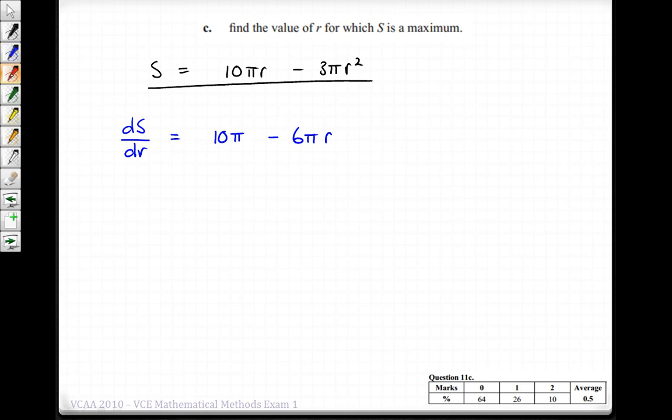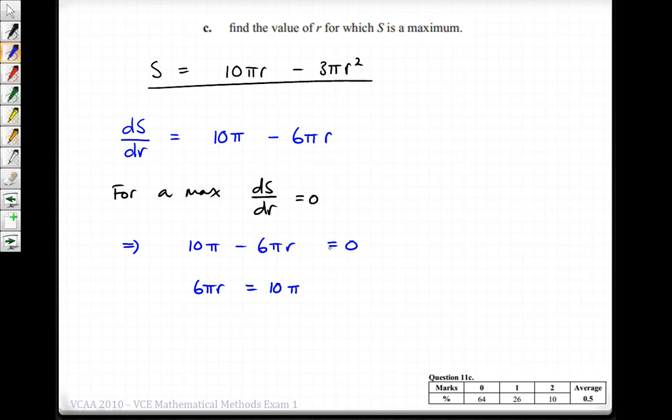So for a maximum, we're going to look for ds dr to equal 0. That implies we want 10 pi minus 6 pi r to equal 0. So therefore we'd have 6 pi r equaling 10 pi, just by adding 6 pi r to both sides.